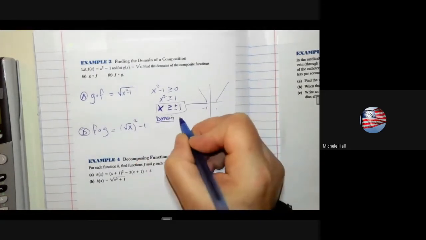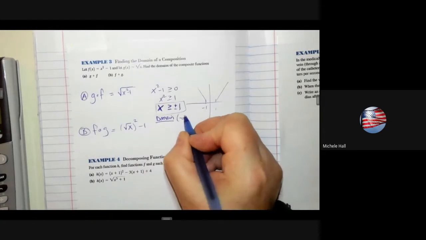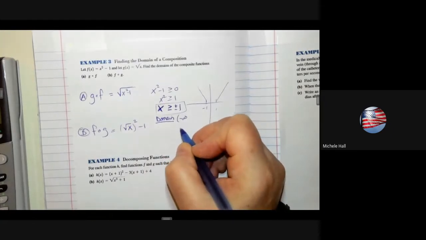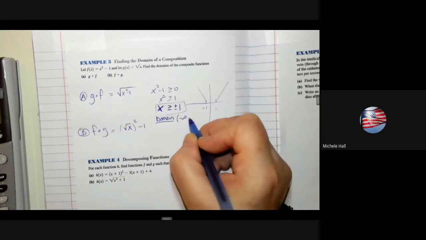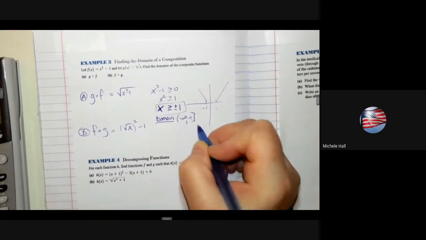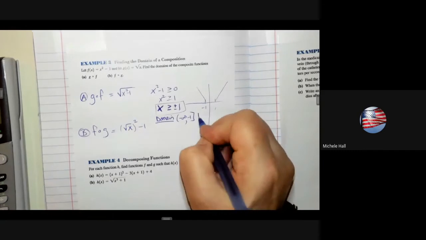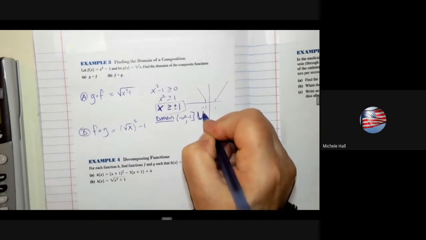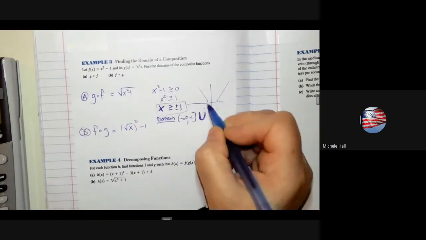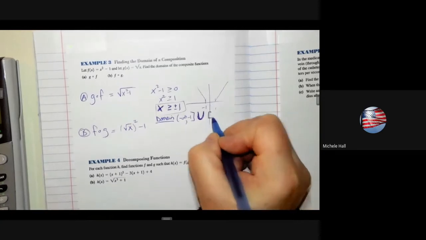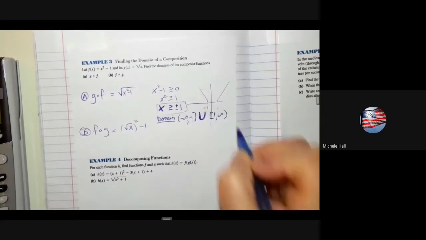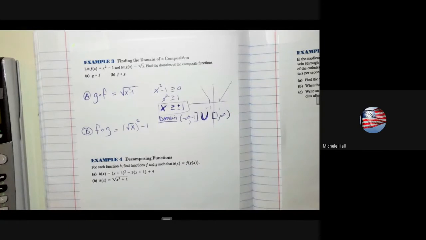The domain would be from -infinity to -1, and that includes -1. And then you have to say in union with. We're talking about two different pieces. So in union with, we're going from 1 to infinity. That would be the domain.